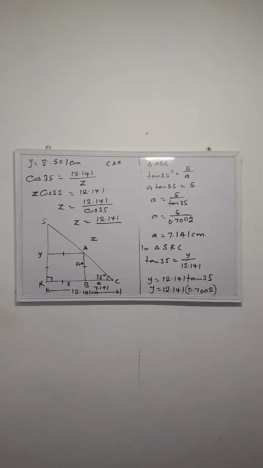Cos 35. Yes. Okay, I can see Balogun's result. That is 8192. Yes. Any other person? Okay, it's only Bolahon that I'm seeing here.